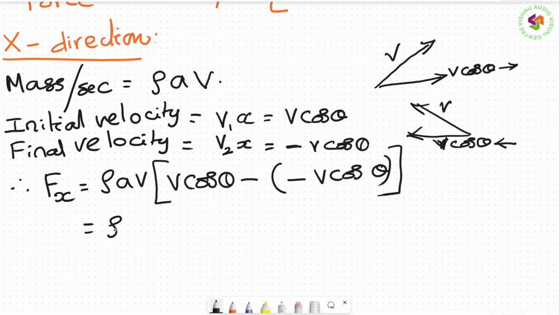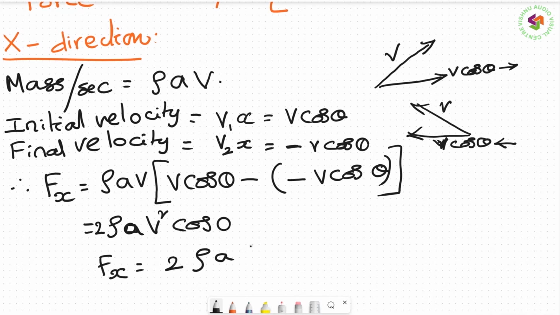So it is rho A V square into V cos theta plus V cos theta, 2 V cos theta. So finally, Fx is equal to 2 rho A V square cos theta. So this is the first thing.